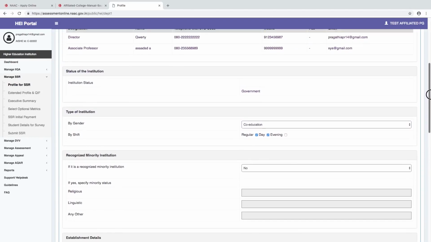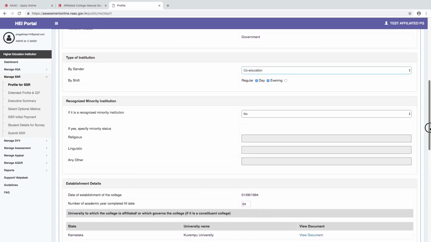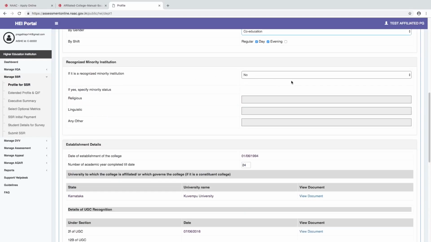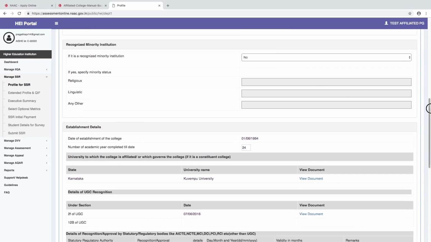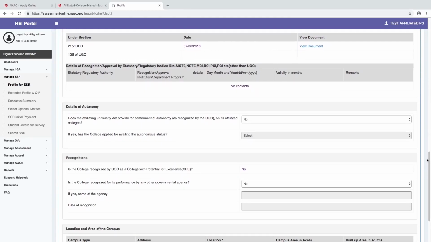Some information, like the type of institution by gender, whether it is a co-education institution or an institution for women or men, whether the institution is regular day or regular evening, or whether it is recognized as a minority institution, is sought here. But apart from that, relevant details have already been provided from the IIQA.